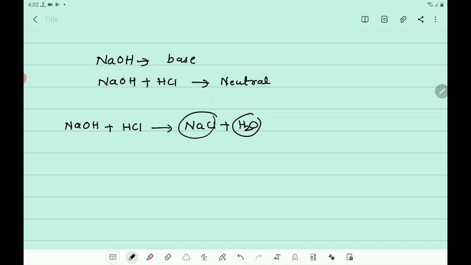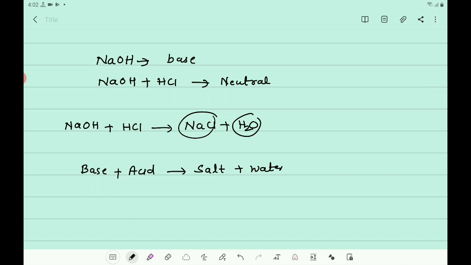In general, a neutralization reaction can be written as base plus acid gives salt plus water. So this reaction is called a neutralization reaction.